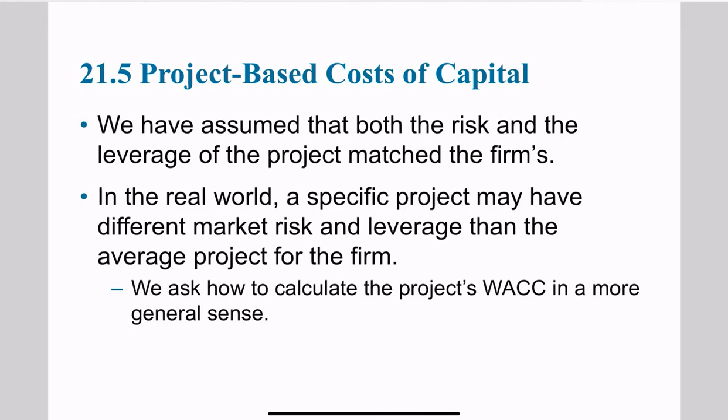And all these methods maintain this assumption that the project has the same risk as the firm, and the project has the same leverage as the firm. And you can see that this assumption is convenient, because if the project has the same risk and leverage as the firm, then you could use the firm's cost of capital as the project's cost of capital.